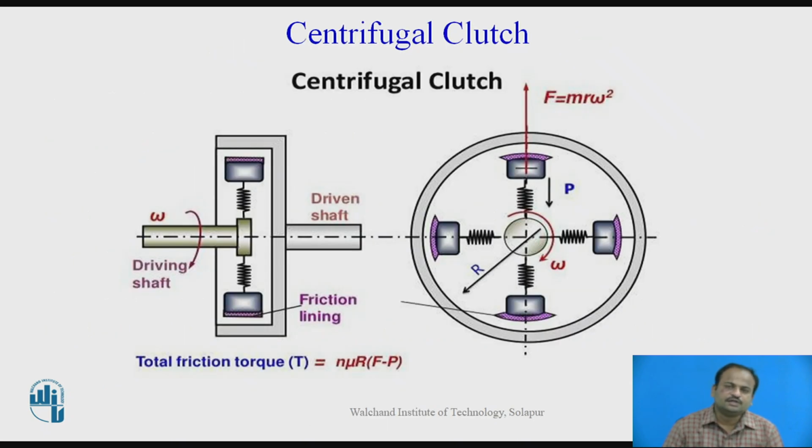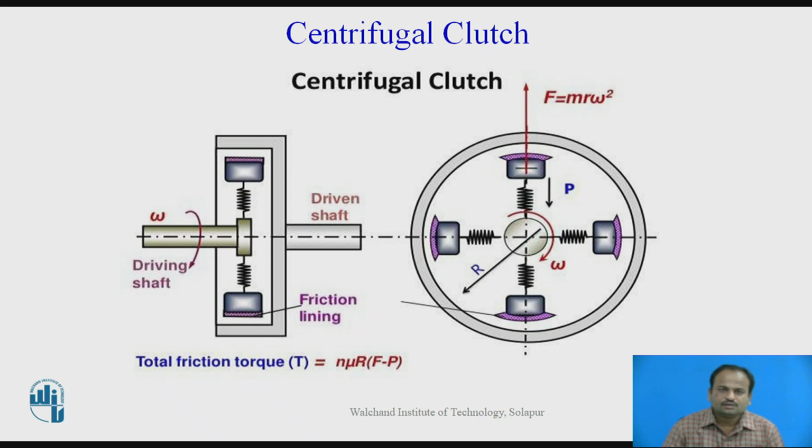Now first one is the centrifugal clutch. So how this centrifugal clutch works and how it is constructed. In this particular figure you can see there is a spring loaded weight which is attached, and on that weight the friction lining material is present.